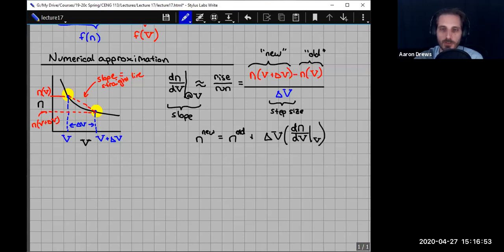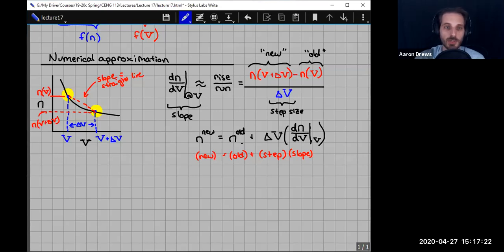That bar that I draw there, the vertical bar with the v on the bottom, that means evaluated at. So dn dv with a big bar and a subscript v after the bar means evaluate the slope at point v. This term, so here again is step, slope, this is old, and this is equal to new.